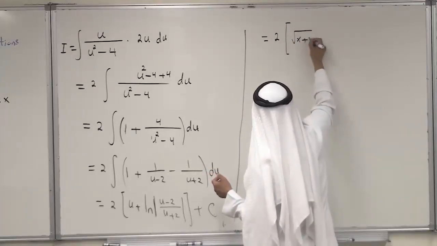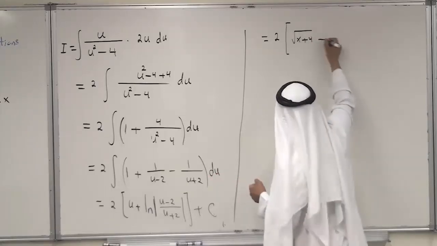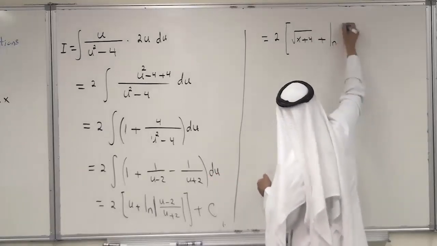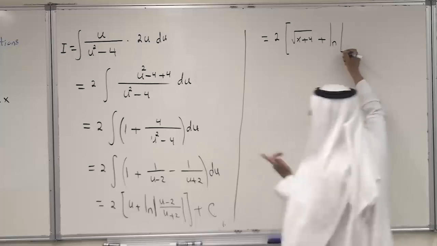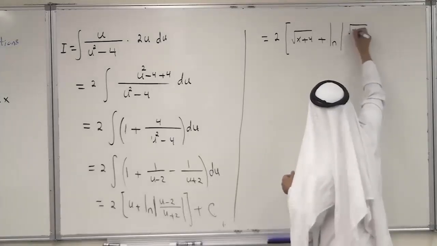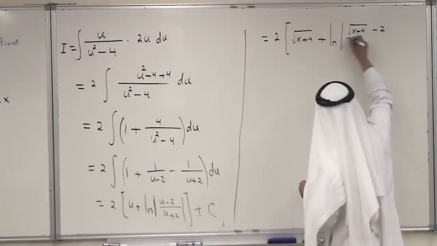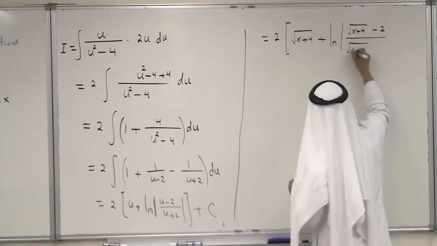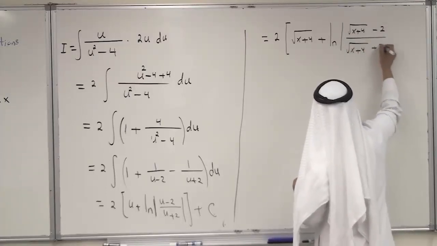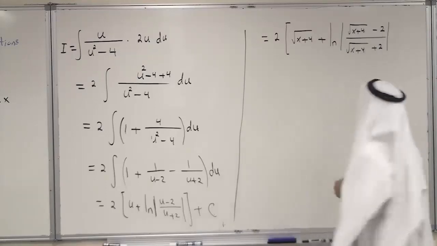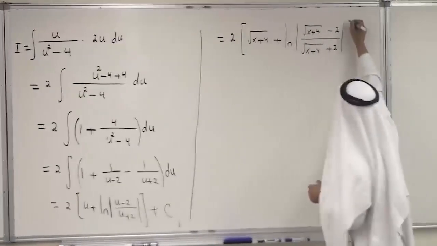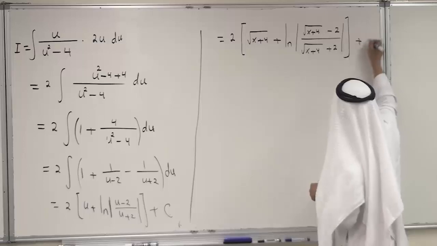Then plus the logarithmic function, absolute value of radical x plus 4 minus 2 divided by radical x plus 4 plus 2, all of this plus constant of integration c.